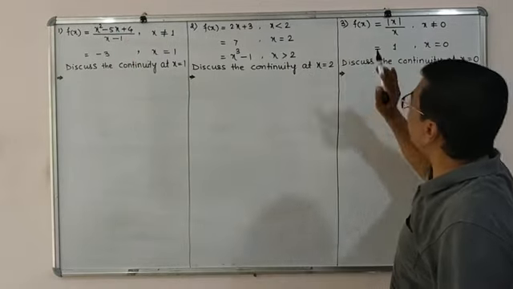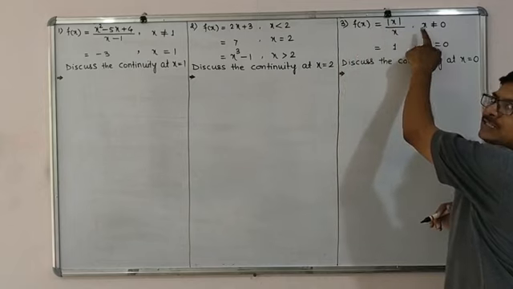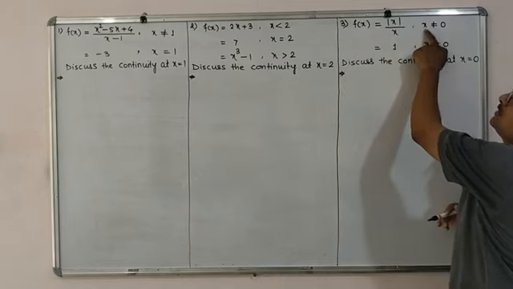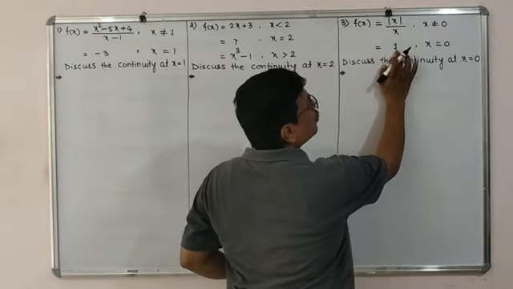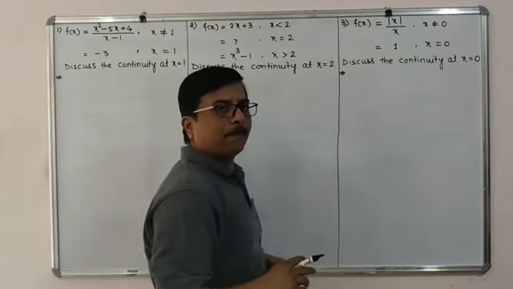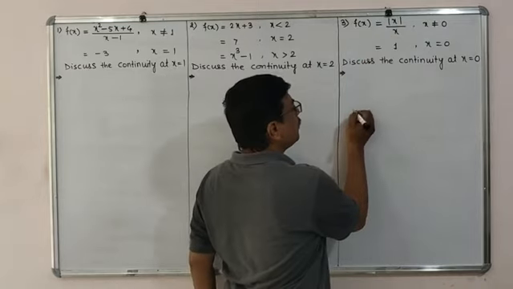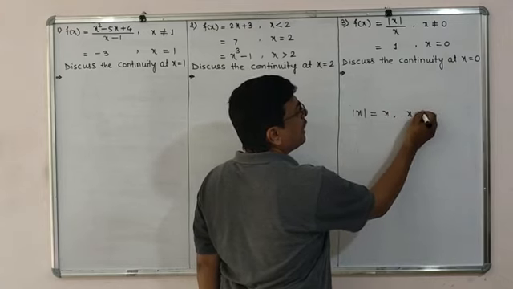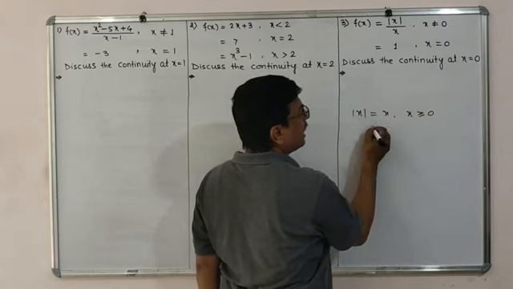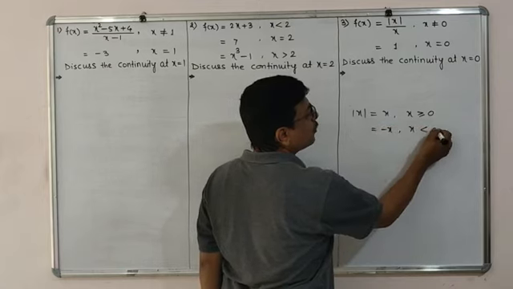And in the third example, say f of x is equal to mod x upon x, x not equal to 0, and is equal to 1 for x is equal to 0. Now we know the definition of the modulus function: mod x is always written as x for all values of x greater than or equal to 0 and is minus x for x less than 0.